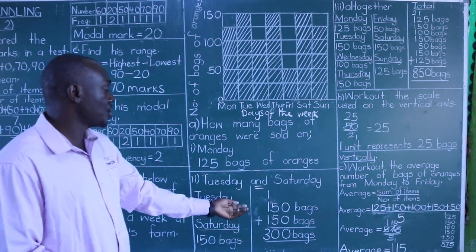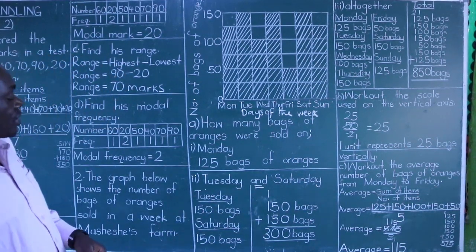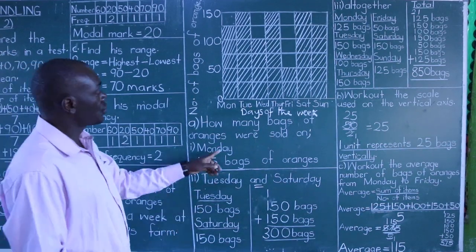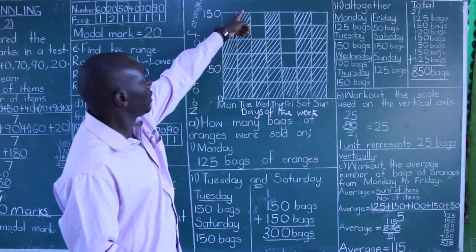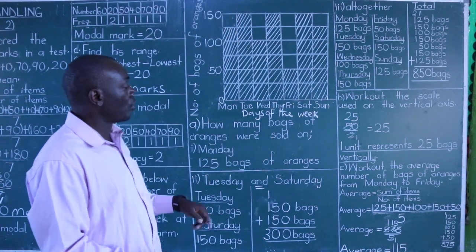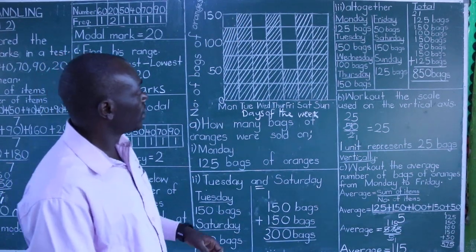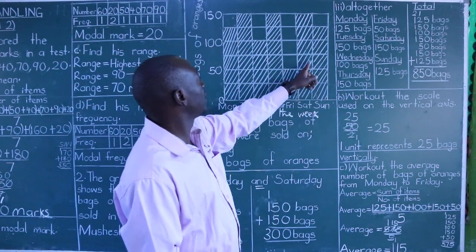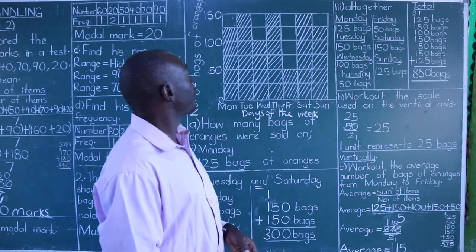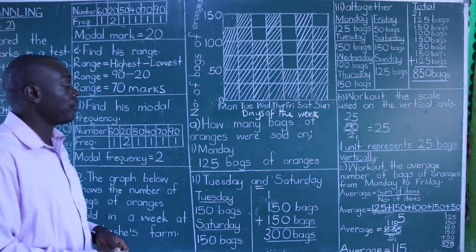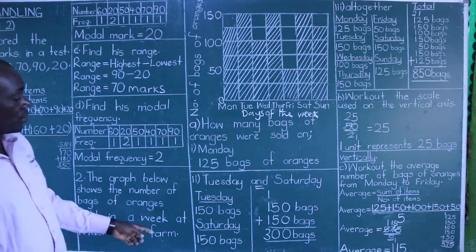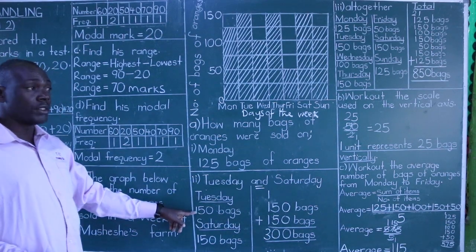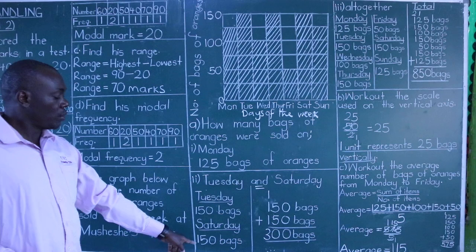So we want the total for those 2 days' sale. So on Tuesday, 150 bags of oranges were sold, whereas on the same Saturday, also 150 bags of oranges were sold.